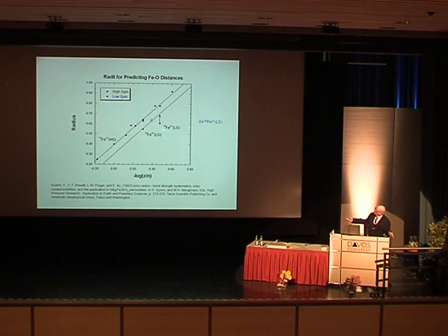And one thing that came out from this plot is that in our original radii, we obtained the difference in radii of iron in high spin and low spin from the sulfides, because we had no oxygen related material to look at at that time. And troilite and pyrite are the two sulfides that we looked at.